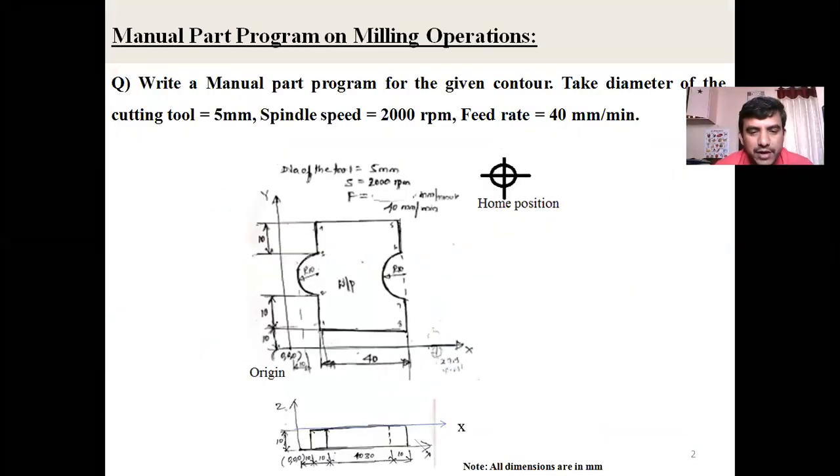See the front view and top view of the given diagram, then check the dimensions and all the coordinates or locations of the part. Then fix the origin; always take the bottom left corner as the origin. Then go for tool path calculation, which means tool path movement. How do you move the tool here? 1 to 2, 2 to 3, in a counterclockwise direction.